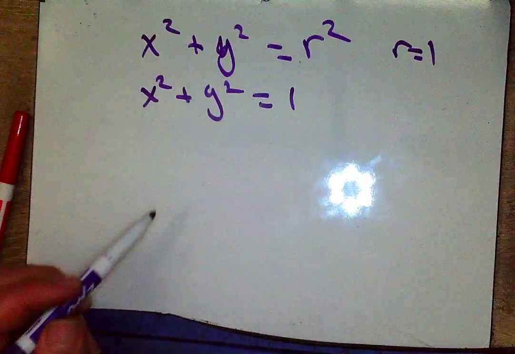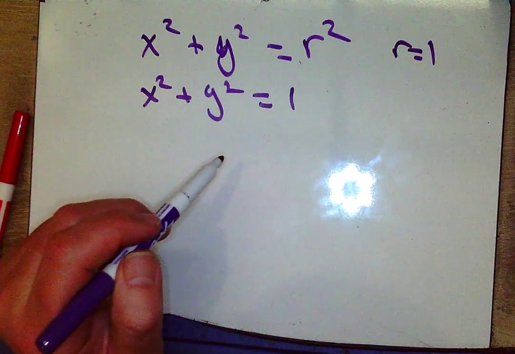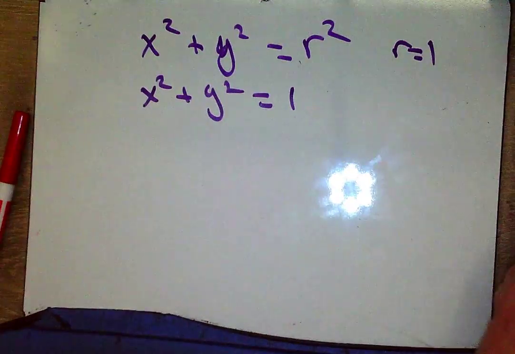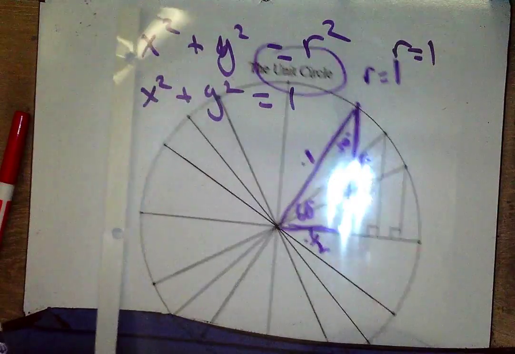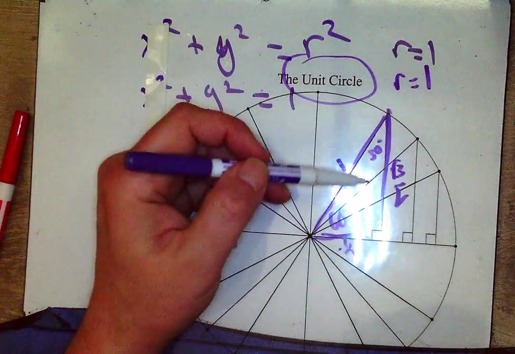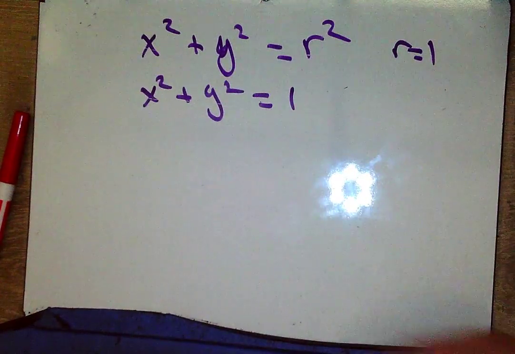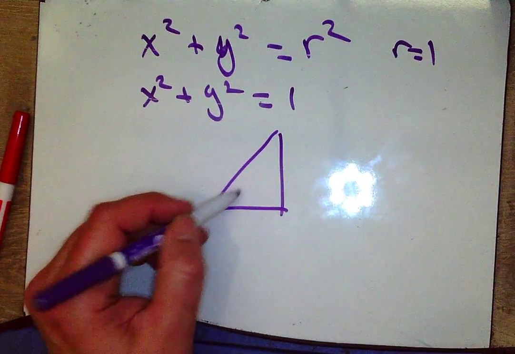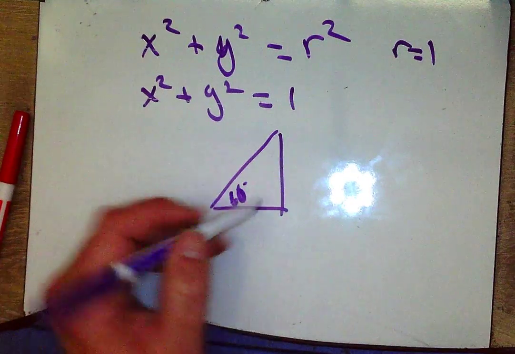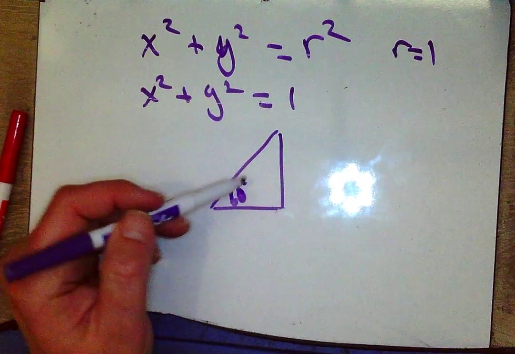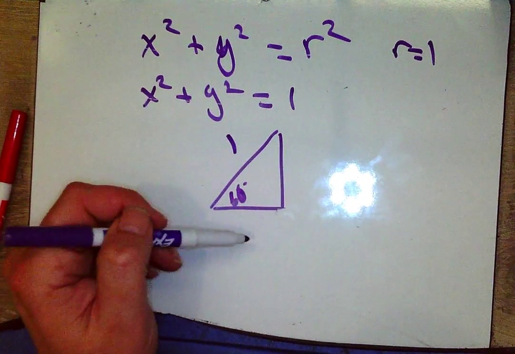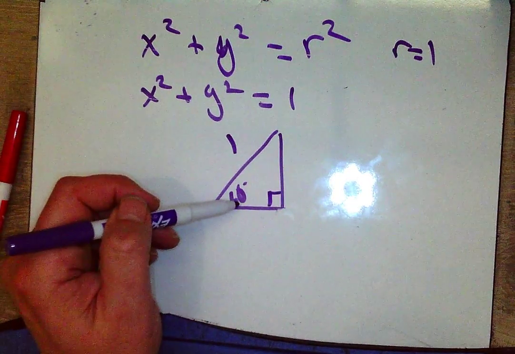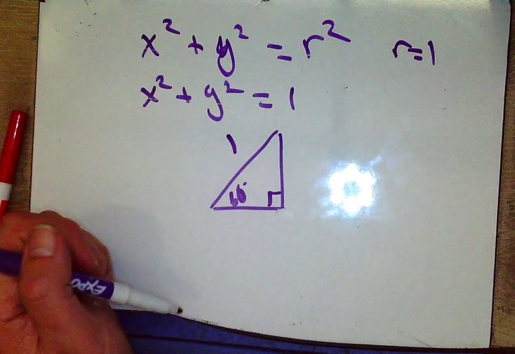And now I'm thinking about these unit circle values that we've got. And I notice that when I'm talking about this triangle, it is 60 degrees. What can I know? I know this is 1. I don't know how to use that yet, but I will by the end of this video.